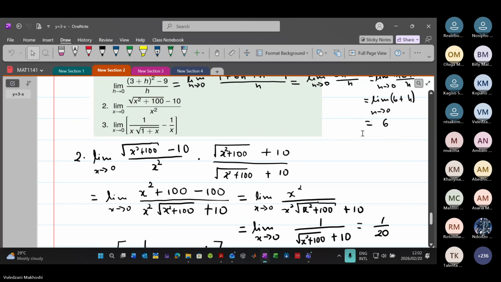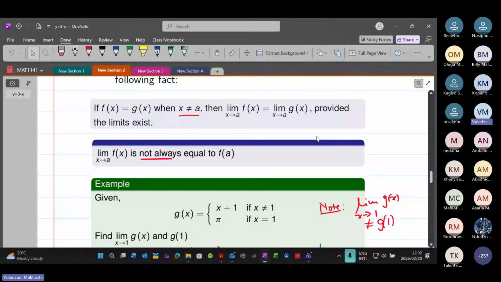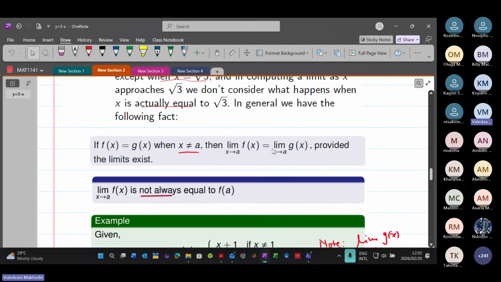Yeah, I was saying that yesterday we discussed quite extensively on how to determine the limits. And the main thing that we realized is that the limit of f of x when x is approaching a is not always equal to f of a.